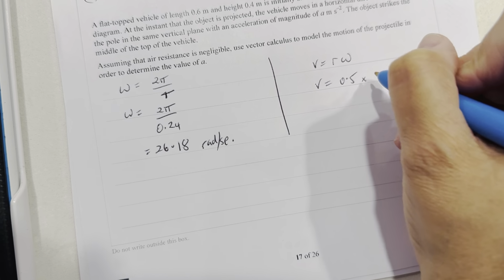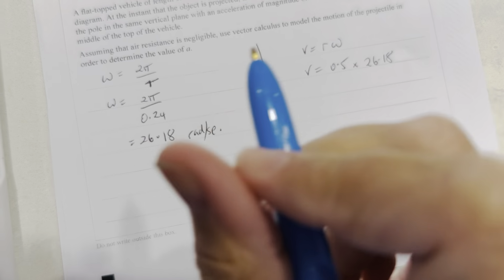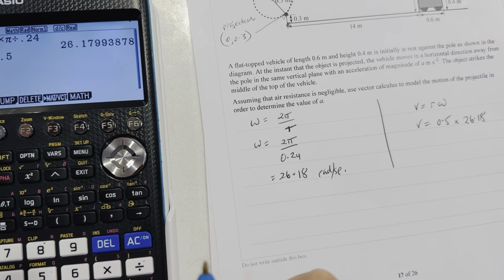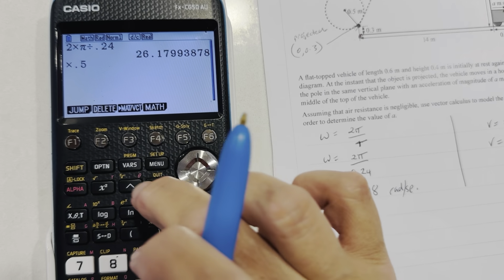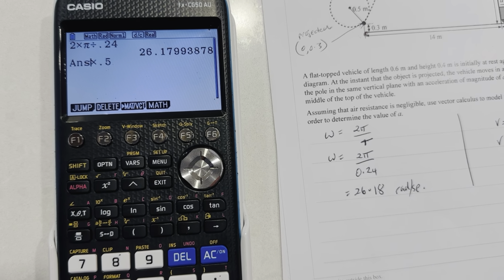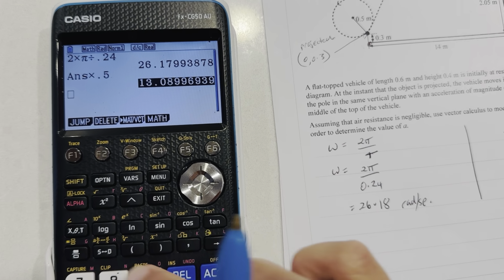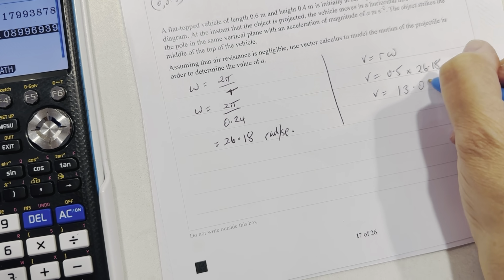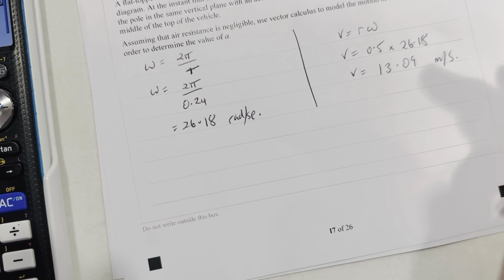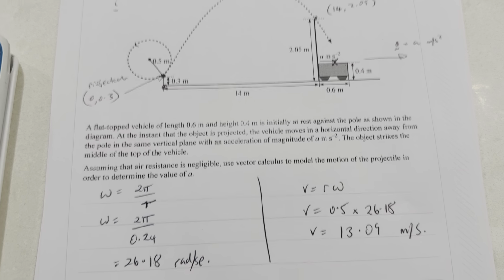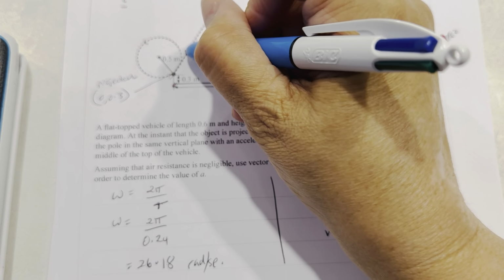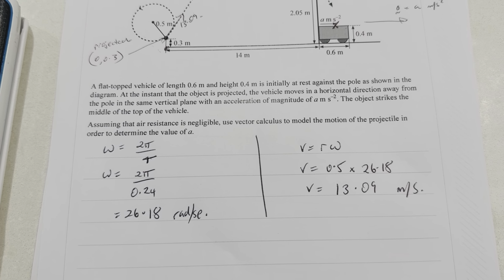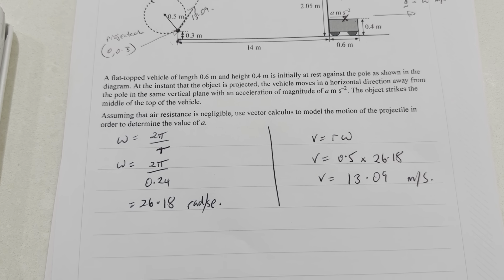So that's 0.5 times 26.18. Oh, hang on, syntax error. Shift, answer. We get v equals 13.09 metres per second. So with our projectile motion, that 13.09 is the speed it's initially projected at.